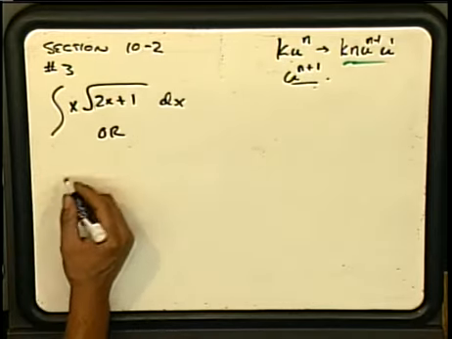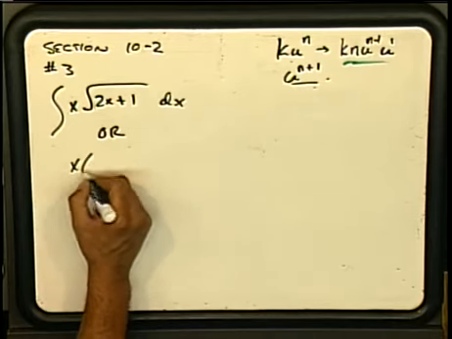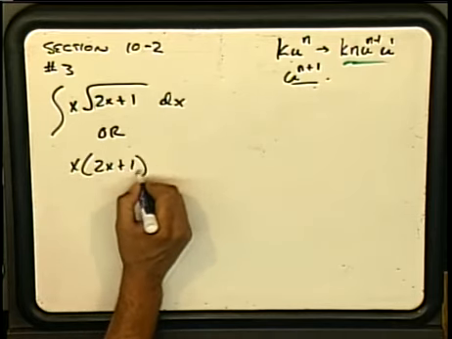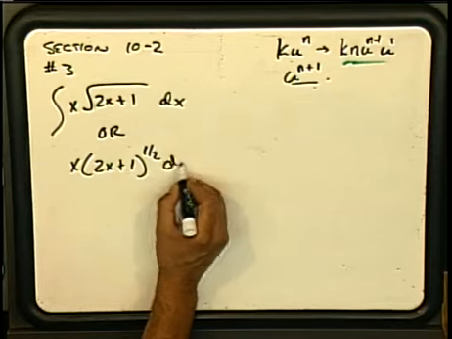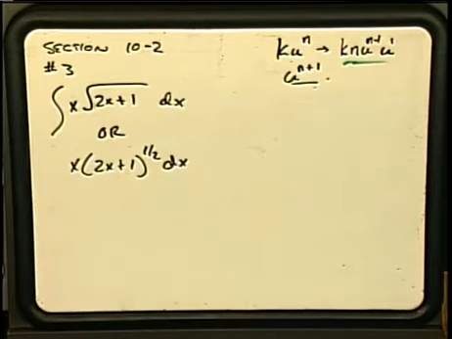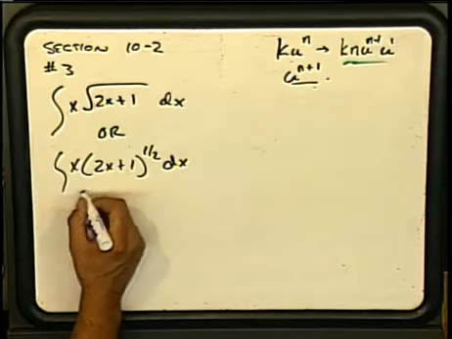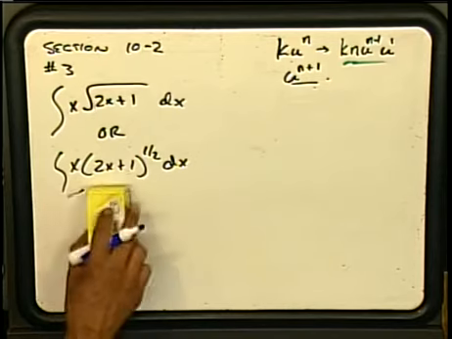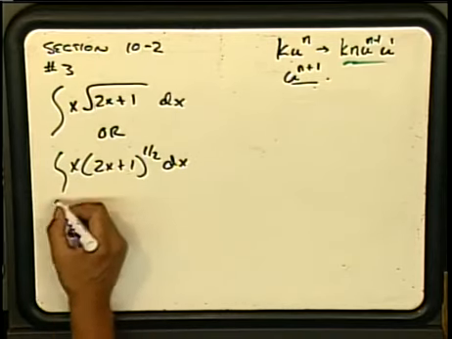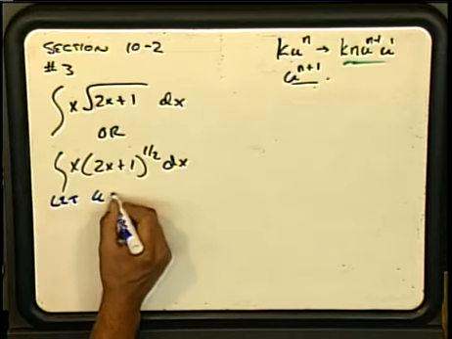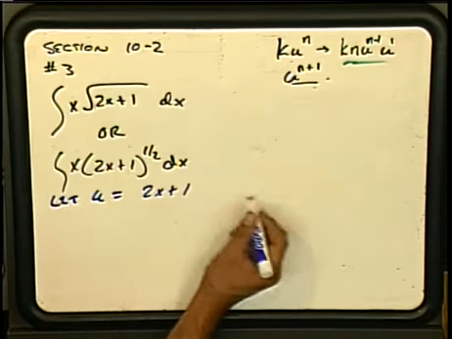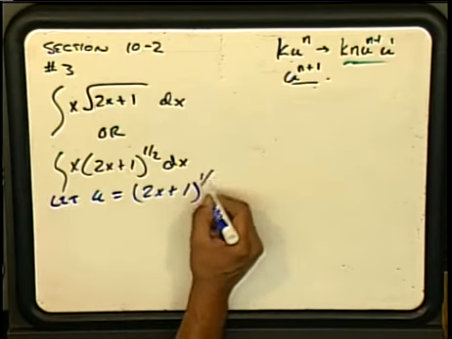So always put plus c at the end. And now substitution. We'll start substitution. Let u equal 2x plus 1 to the 1/2.